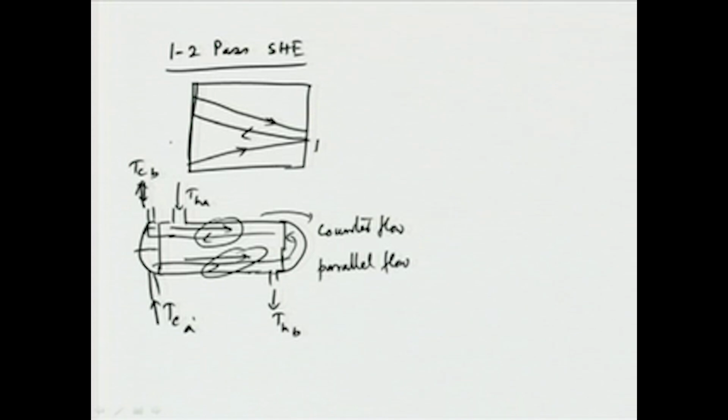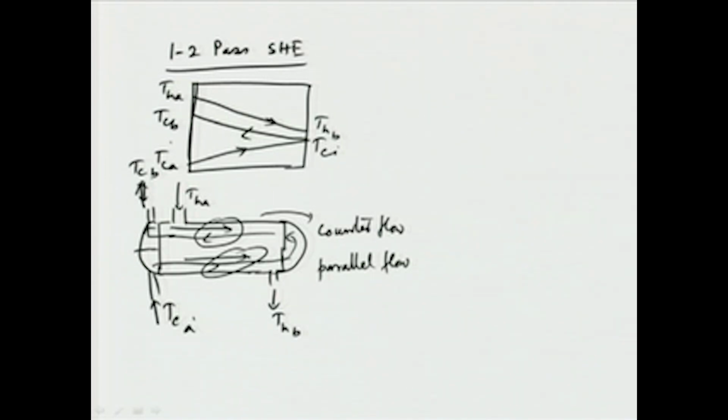So, this is becoming TCI, and here it is TCA, this is TCB, the cold fluid, and this is THA, and this is THB. So, what we can see here is that TCA to TCI and THA to THB are in parallel, and this is in counter.